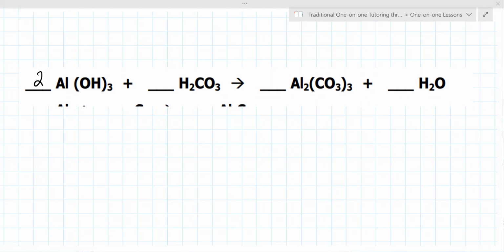See if you come up with anything. Are there 7 oxygens on the left side? There's the 6 oxygens from this first one, and then there's 3 more here. That's 9. But then there's 9 here and 1 more here.